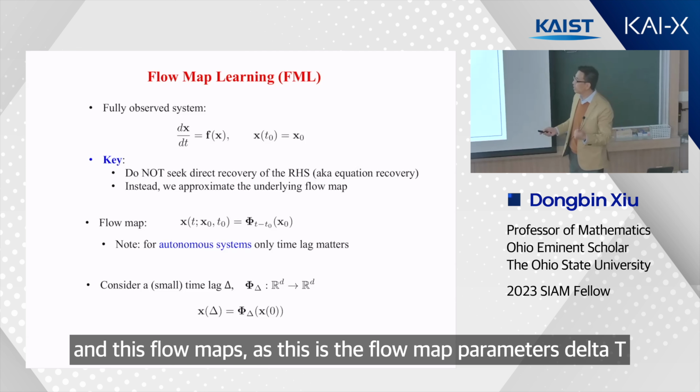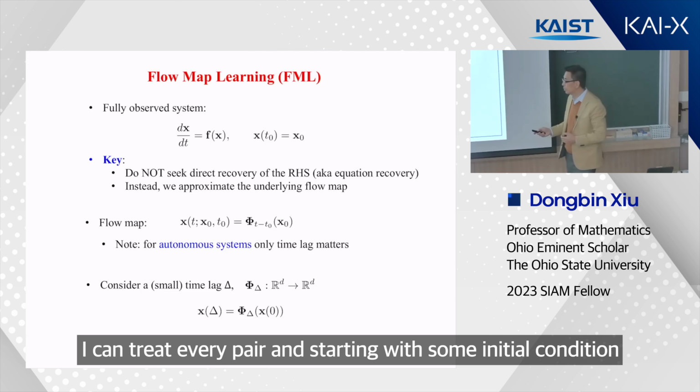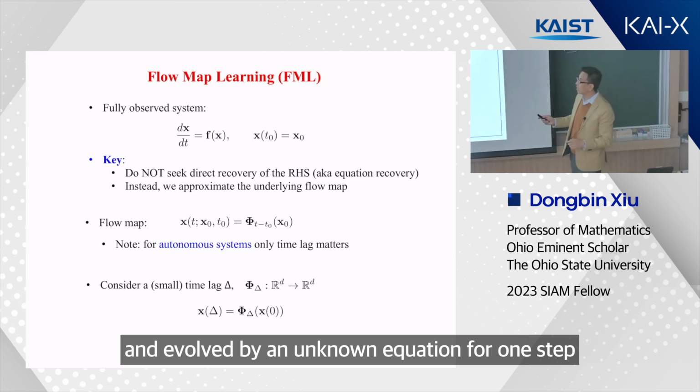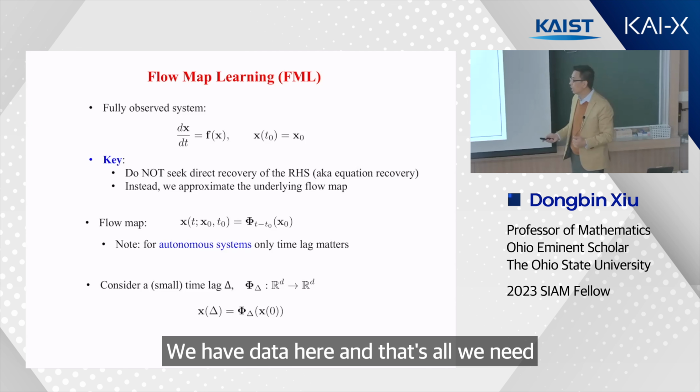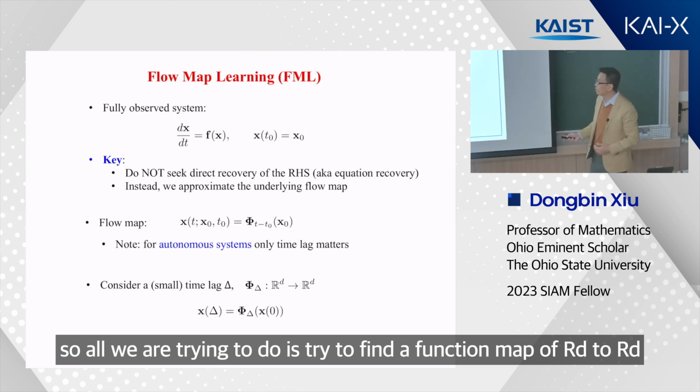This is the flow map parameterized by this delta t. I can pull a lot of these from my measurement because time doesn't matter. I can treat every pair as starting with some initial condition and evolving by an unknown equation for one step. We have data here, we have data here, and that's all we need. Let's use a neural net to map something in between. So all we are trying to do is find a function map of R^D to R^D.